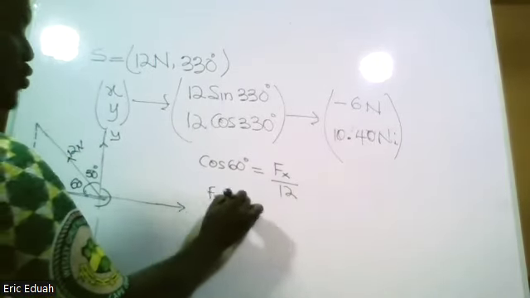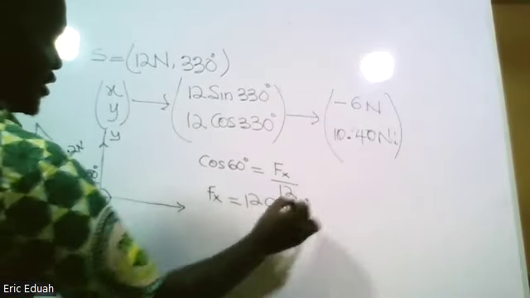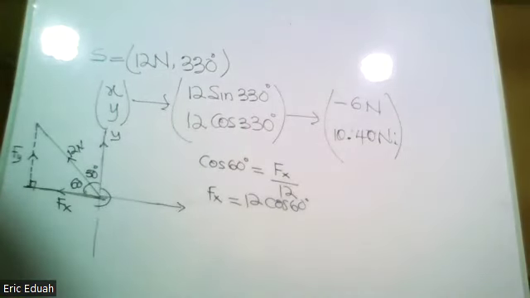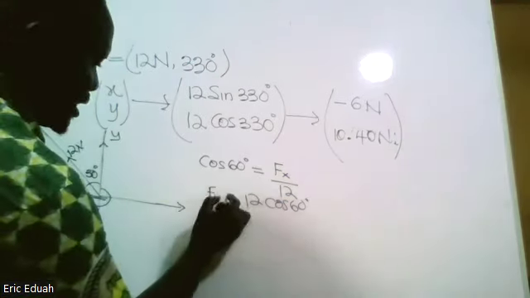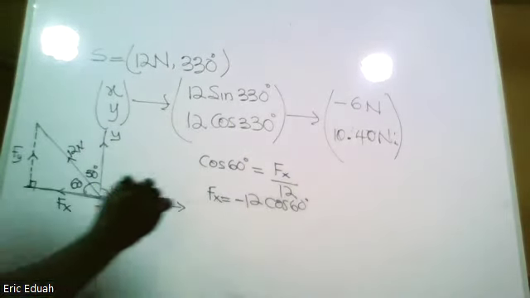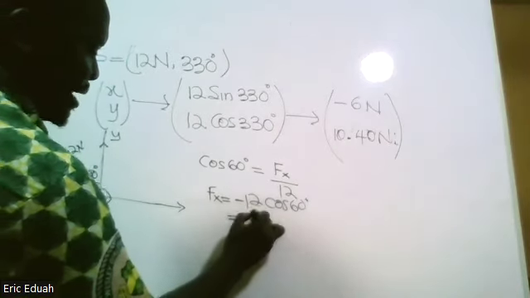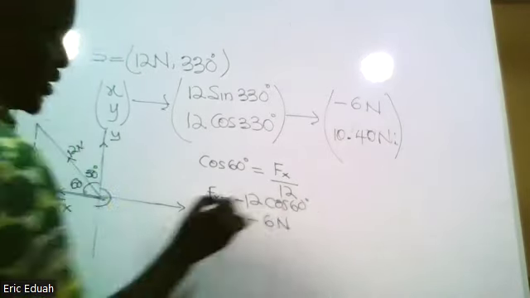Fx is equal to 12 times cos of 60. But look at Fx. Is it positive or negative? It's negative. So you must quickly put that there. Negative. Cos 60 is half, so you have minus 6 Newton.